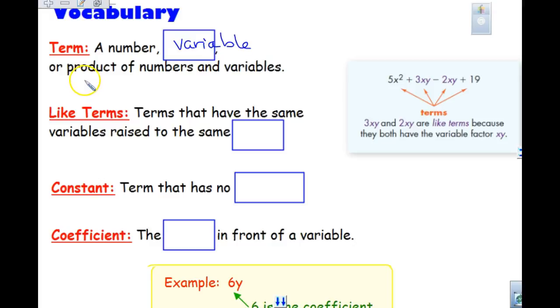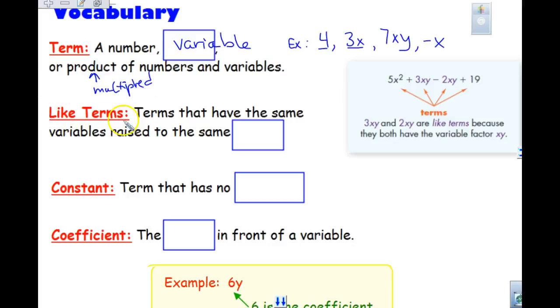Right behind it, I want you to put, example: the number 4, that is considered a term. 3x is considered a term. 7xy is considered a term. Negative x, that is a term. This one is just the number. The rest of them have numbers and variables. The product, meaning they were being multiplied, right?